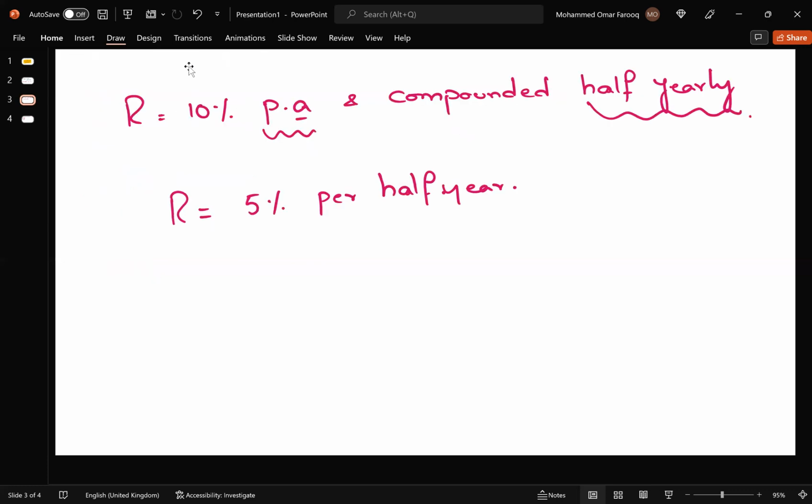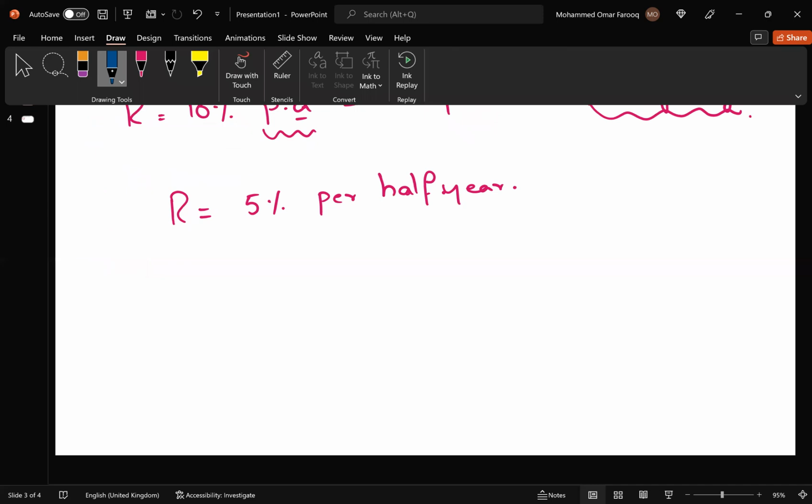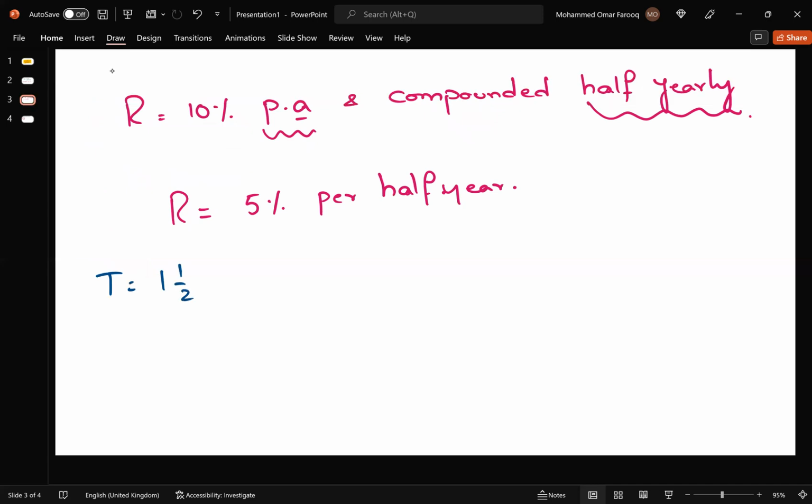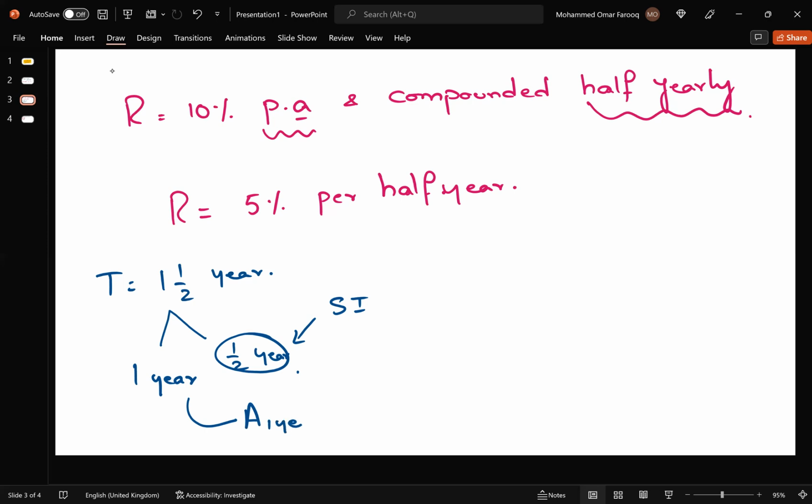In the previous problems, we have seen that whenever the time period is given as 1.5 years, you first find out the compound interest for 1 year, and then for the half year you find out simple interest, and then add it to the amount after the first year.